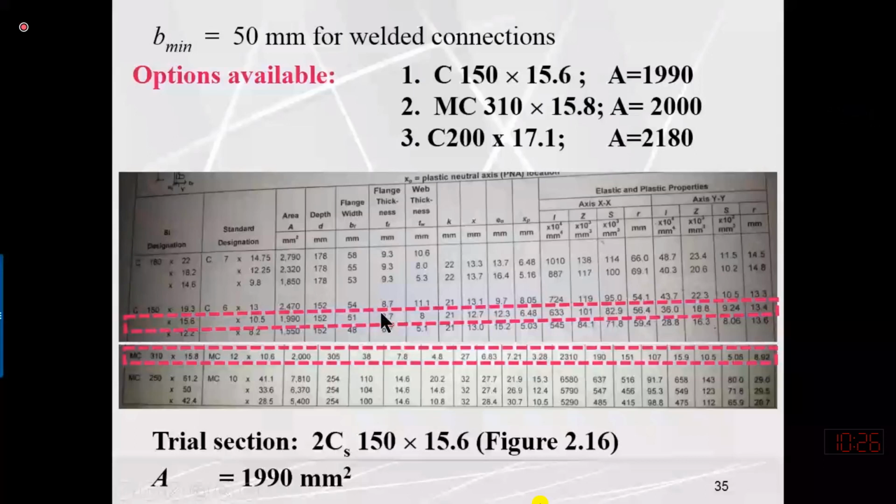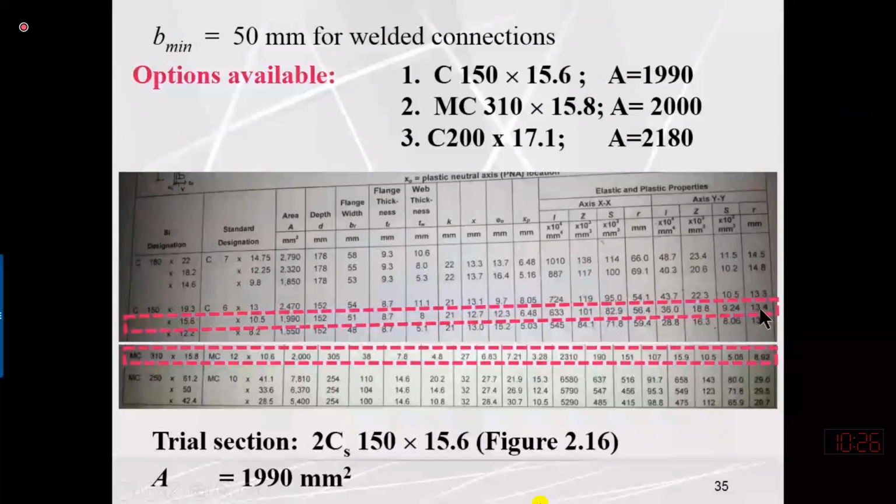This is the centroidal location in X direction. We require this, 12.7. I will explain why. Radius of gyration about x-axis is 56.4. Radius of gyration about y-axis is very small, almost 3 or 4 times less than Rx.